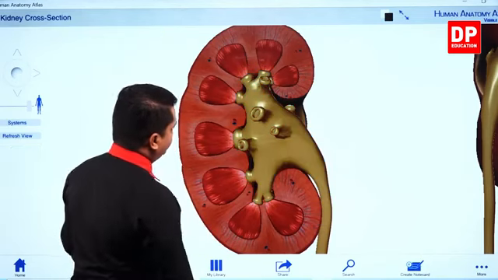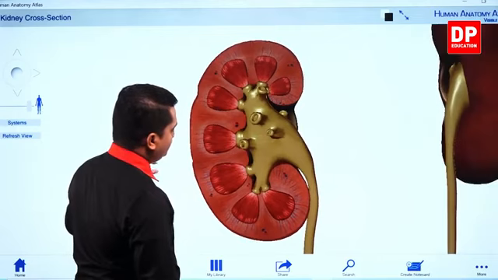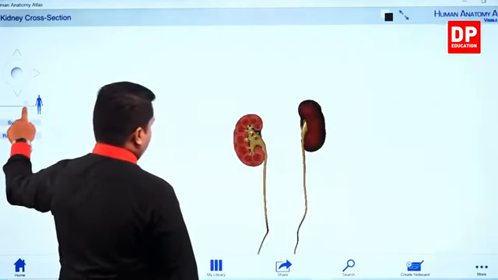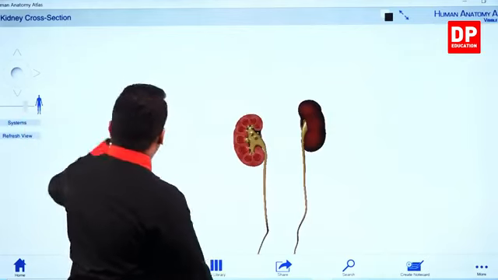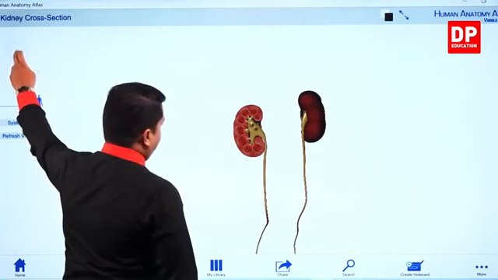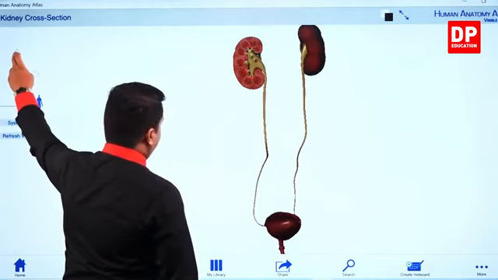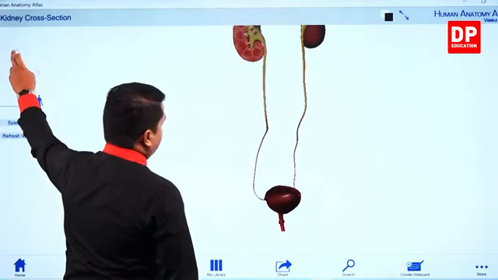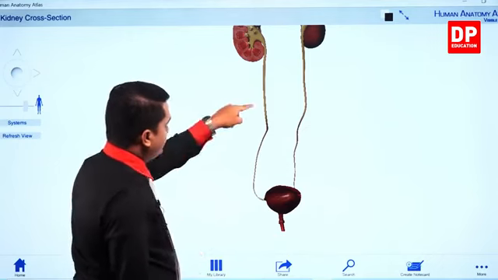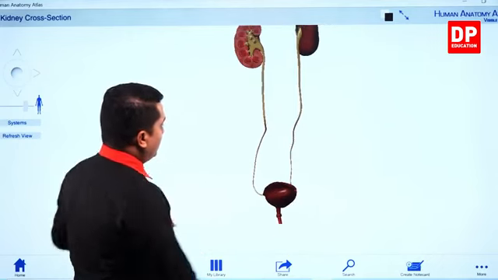So this is our urinary system then. This is the bladder, this part is the urethra, and these are the ureters, right?